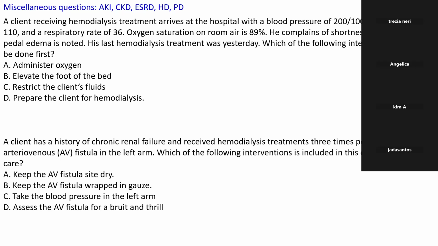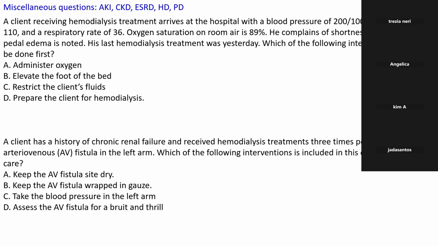Remember that patients with kidney or renal failure end up with pulmonary edema from the fluid overload, and they have to receive dialysis to remove all that fluid. So we can remove the fluid and maybe treat or prevent the pulmonary edema.